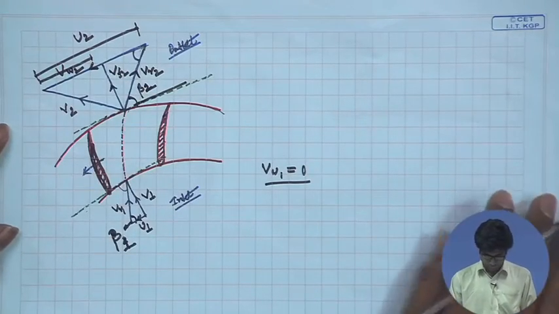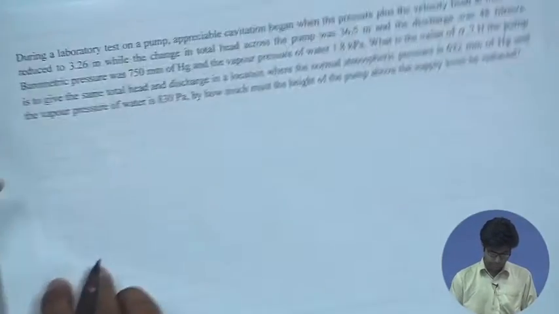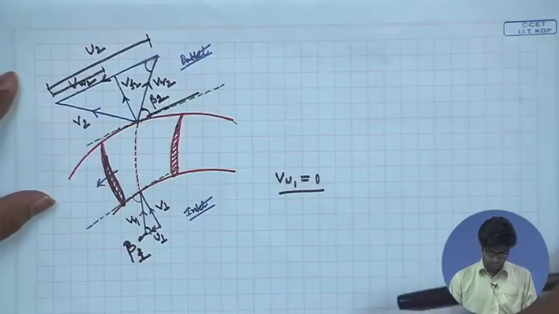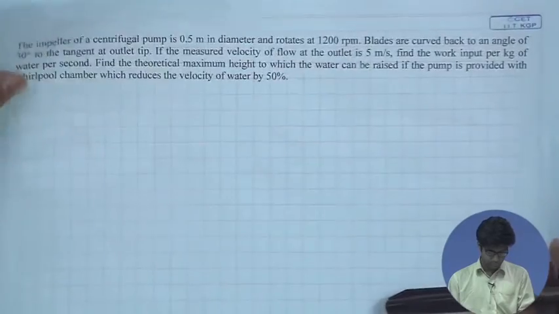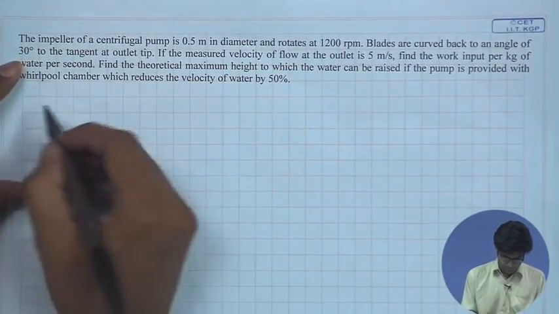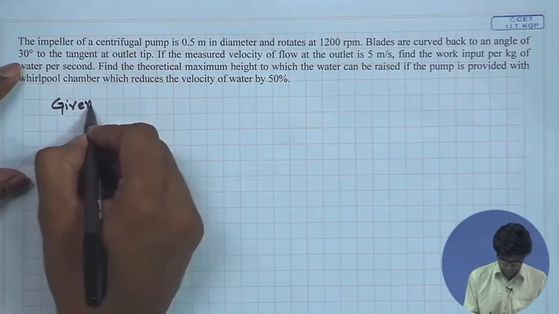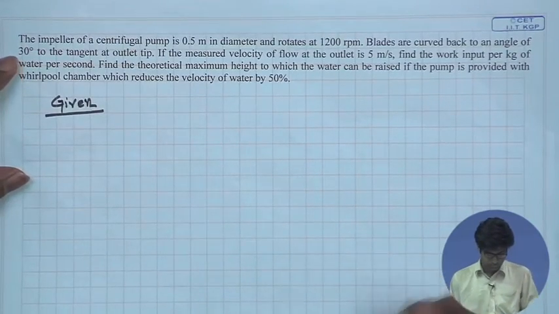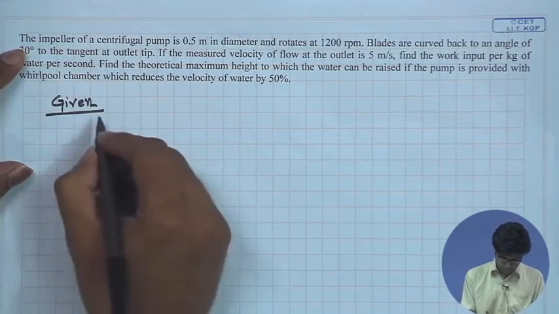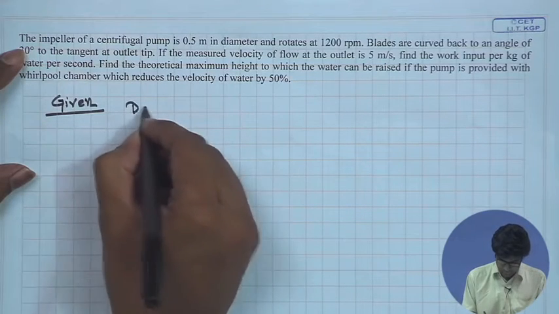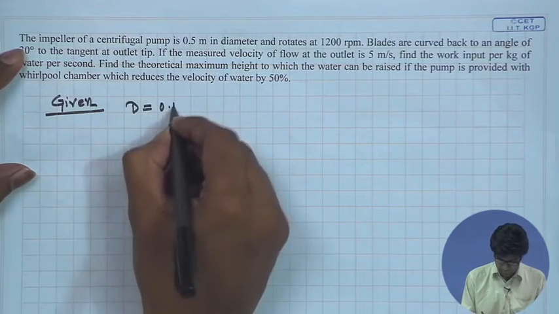So, moving back to the problem. Let us write down the parameters that are given. We are given the diameter of the impeller of the centrifugal pump as 0.5 meters.